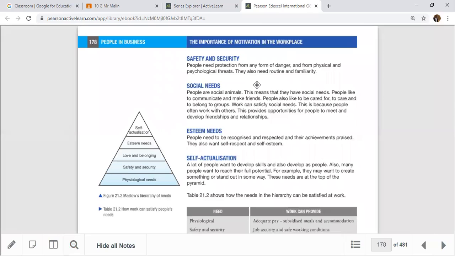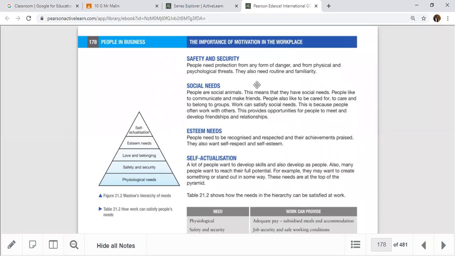Under social needs: they are important. People are social animals. This means that they have social needs. People like to communicate and make friends. People also like to care for others and to belong to groups. Work can satisfy social needs because people often work with others.